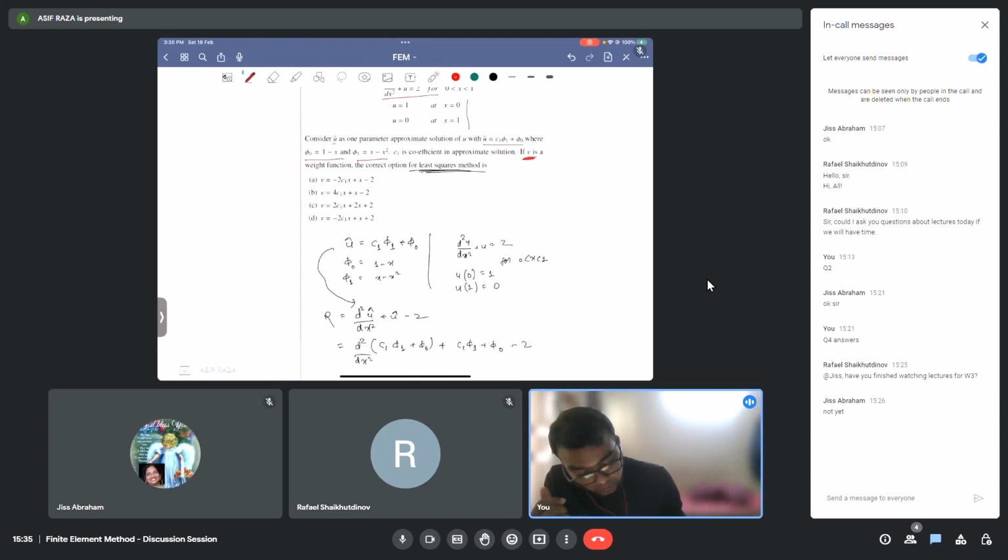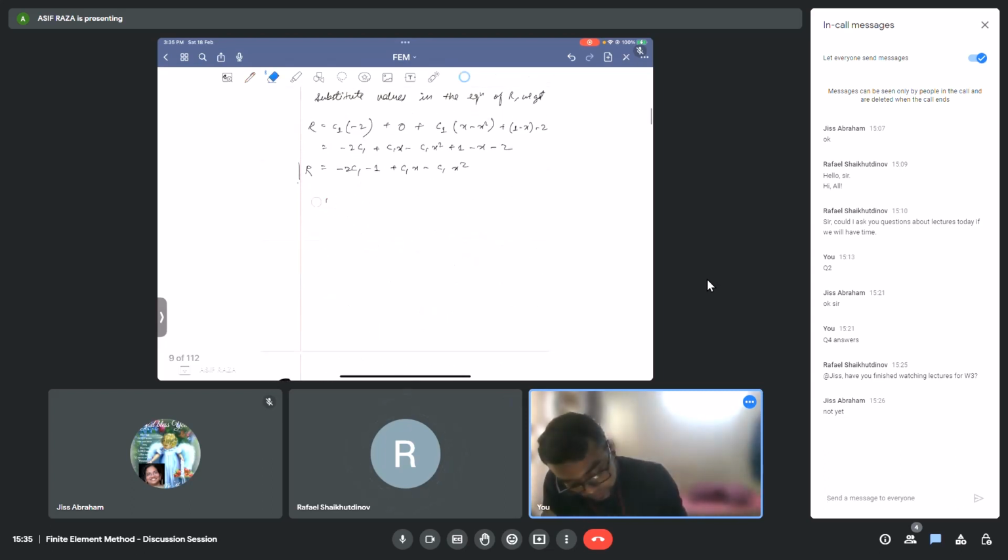For that we need to find V, the weight function, and the weight function would be equal to taking the derivative of R with respect to C1, and this will give me V equal to minus 2 plus x minus x square.